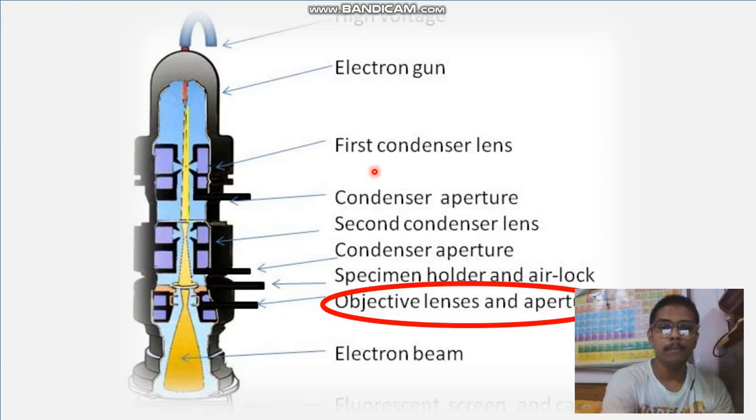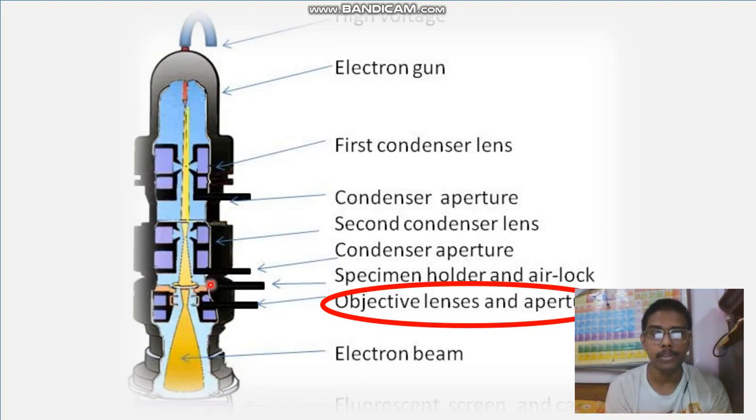You can't use normal glass lenses here, so people use electromagnetic lenses, denoted here as the first condenser lens and the second condenser lens, to make a fine beam of the high speed electrons. So here a fine electron beam has been formed, and then you have the sample. The high speed fine beam of electrons penetrates through the sample, and then you have the objective lens and aperture.